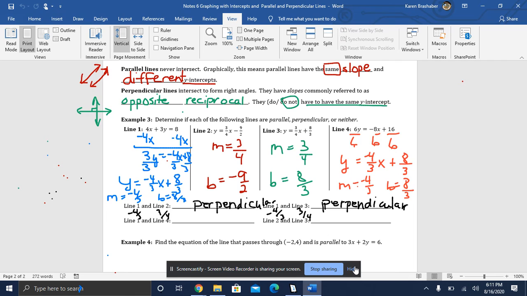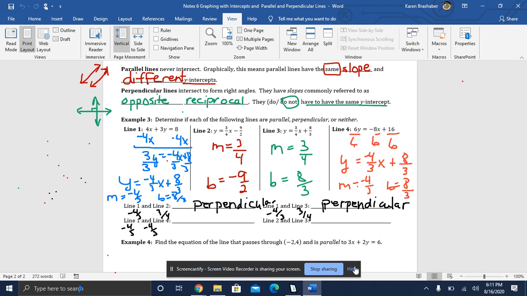Then we'll look at lines 1 and 4. Line 1 has a slope of negative 4/3. Line 4 has a slope of negative 4/3. So it looks like those two lines are parallel, but we do need to check the y-intercept.